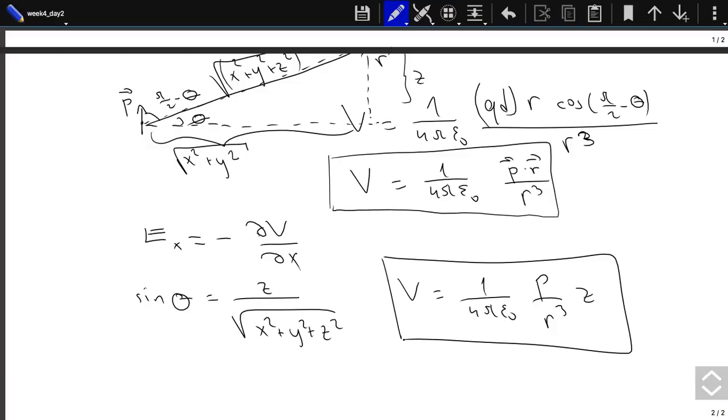Take the derivative with respect to x, y, and z, and you know the electric field at every point. Now before we had chosen some special points either along the axis of the dipole or perpendicular to the middle of it, but now from this potential you can calculate the electric field everywhere, not just on those special points. And this will be one other homework.